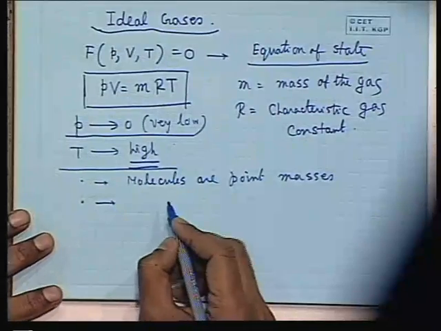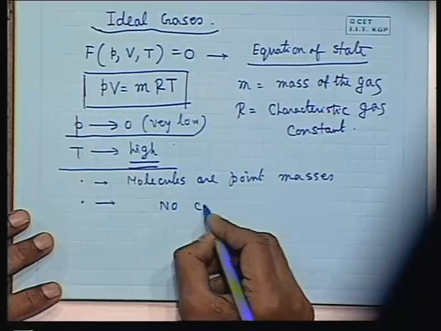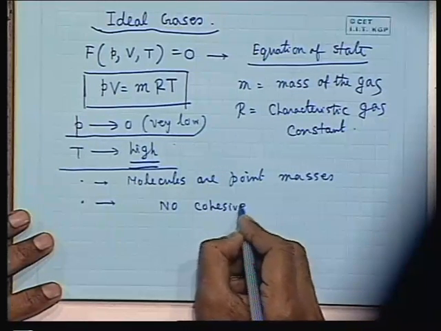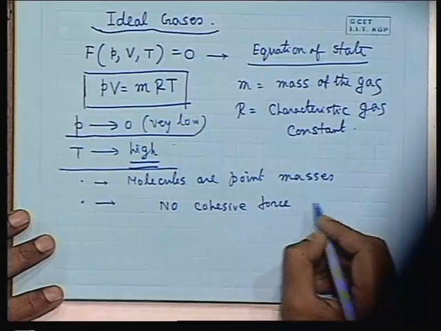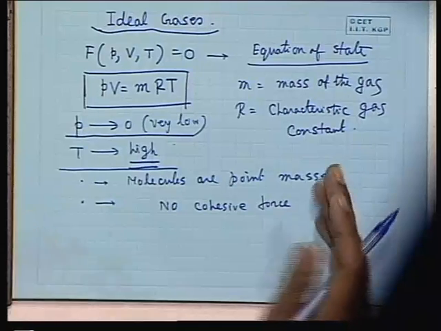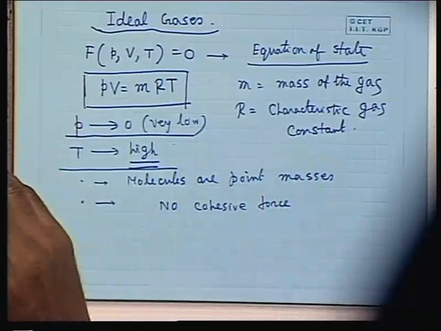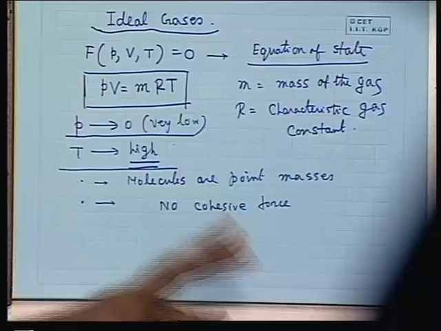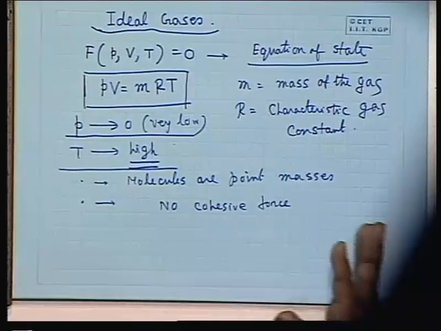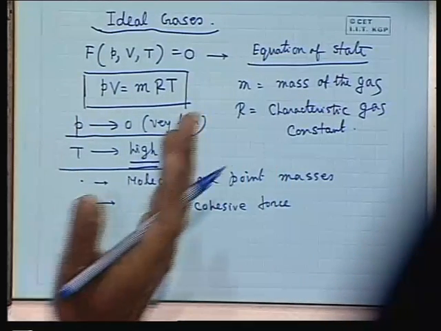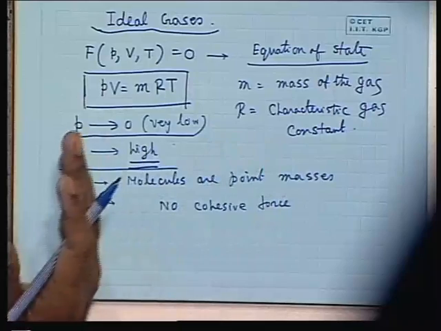That is number one. Number two is that there is no cohesive force. What is cohesive force? Cohesive force is the force of attraction or repulsion between the molecules of the same kind. In fluid mechanics, you have learned that there are two types of intermolecular forces.